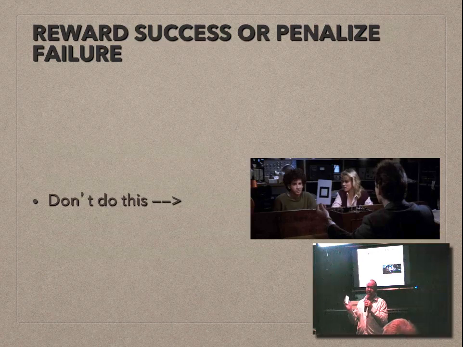Now, there is one exception to this rule about rewarding users or penalizing them. And that's if you're testing someone in a situation where that reward or penalty is a realistic outcome. So for example, I met this guy who makes sound effects for fighter planes. And so he had to make a sound effect for somebody has missile lock on you. All right?